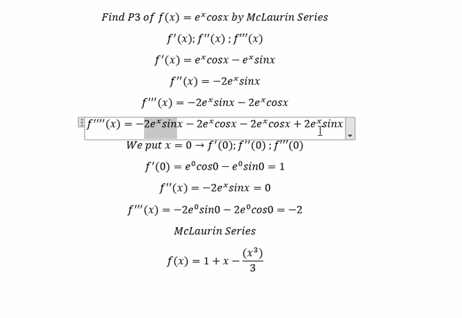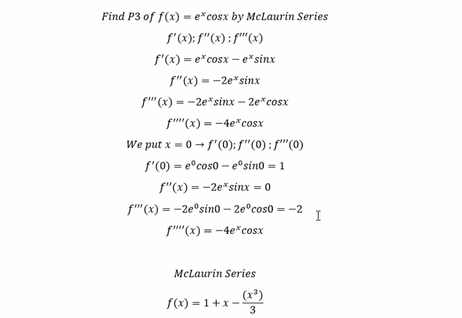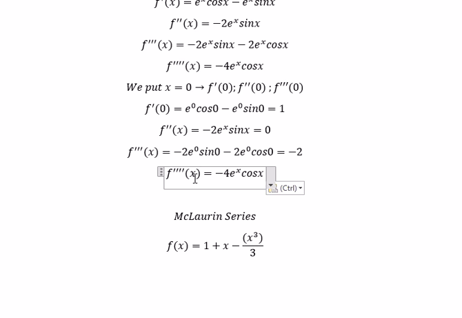So this one cancels this one. This one you get negative 4 e to the power of x cosine x. So we put 0 in here, and you get negative 4.